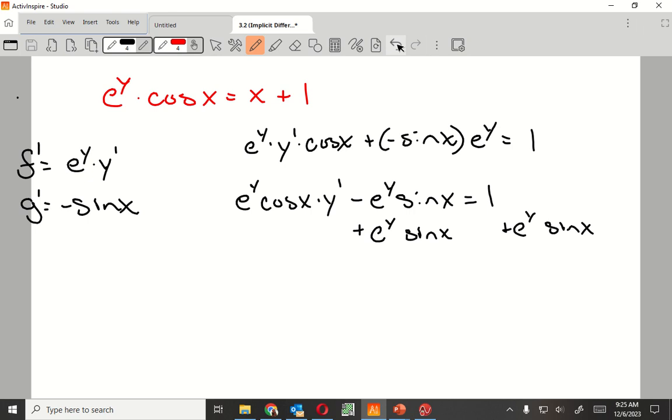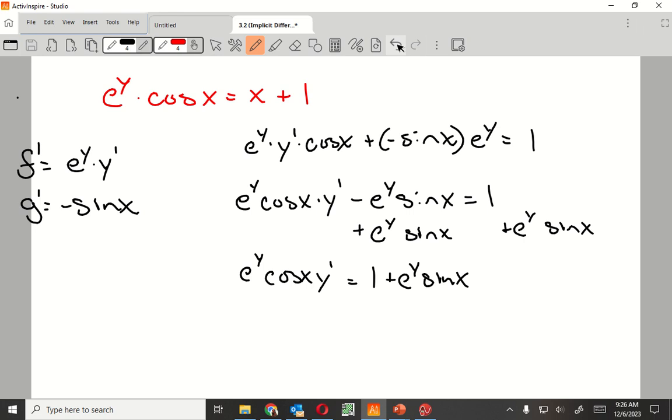So by adding it to both sides, I have e to the y cosine x y prime equals 1 plus e to the y sine of x.